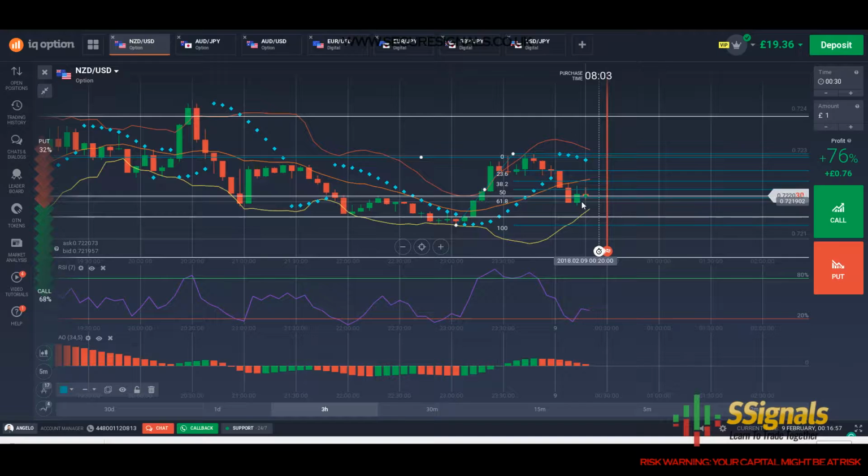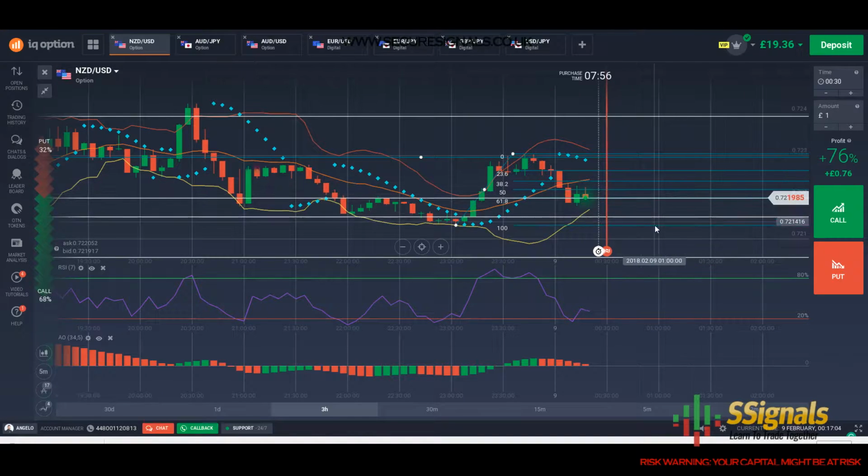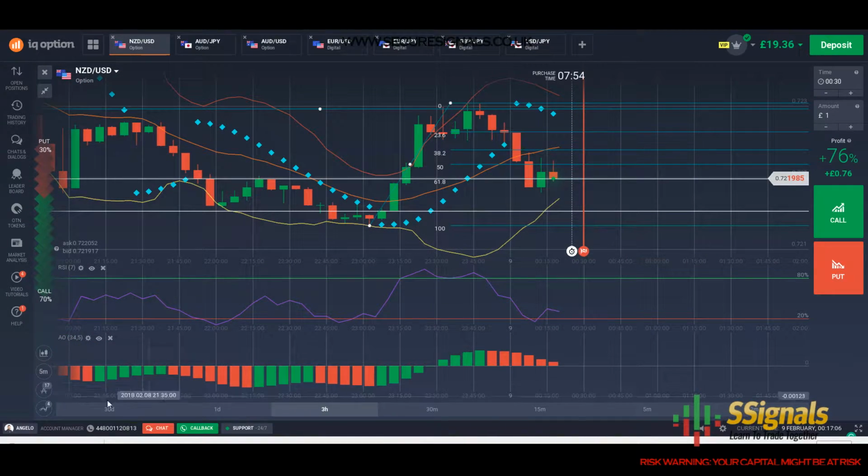Yeah, so it's around 61.8 right now. So obviously it's looking to go up. We could look to enter longer term on this, longer time frame, 30.